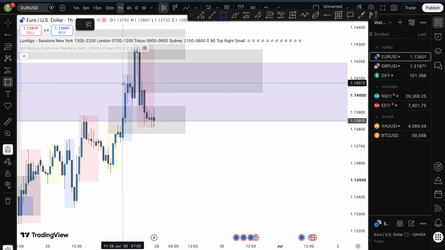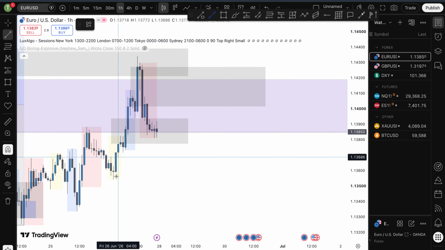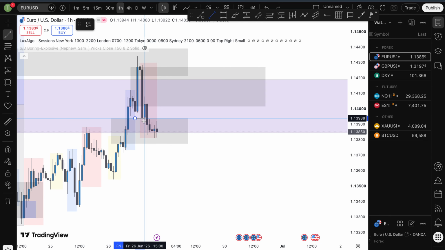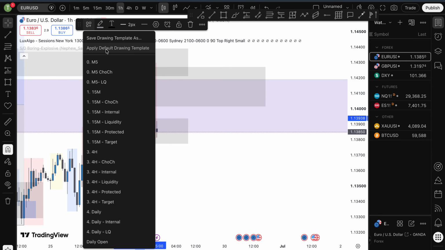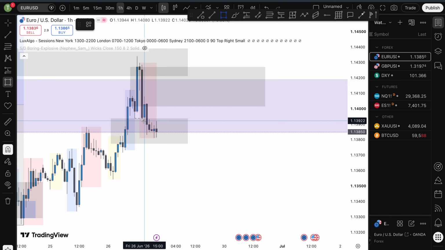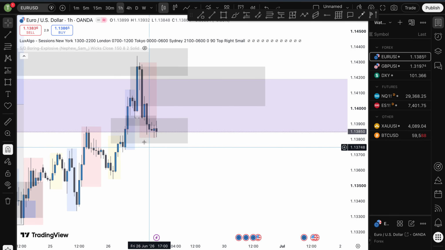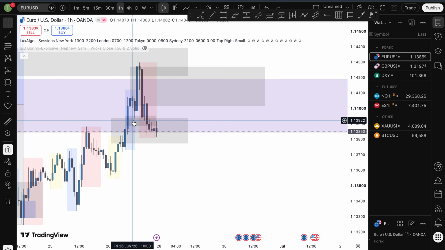On the 1-hour chart, you can see that we have already switched bearish. This close right here already confirms to us that the 1-hour chart has switched bearish. There was a breaker block here that got respected. So yes, we are bearish, but we still want to see some kind of reaction before we continue.